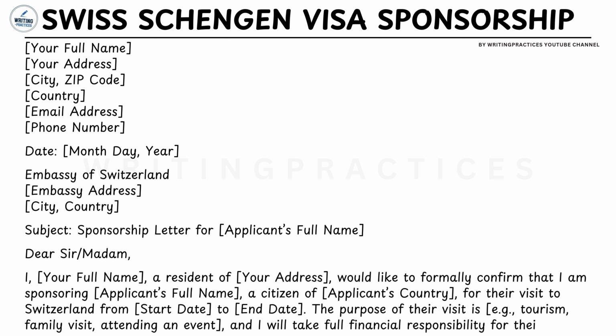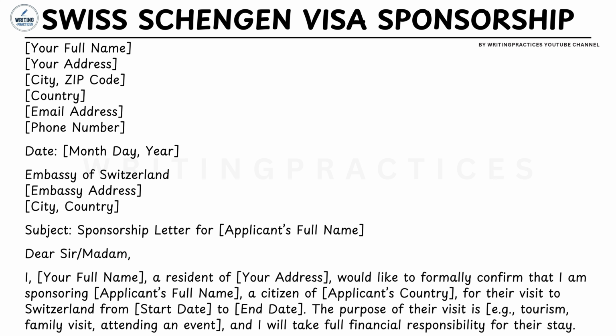This paragraph is crucial because it clearly states that you are the sponsor, confirms the applicant's full name and nationality, specifies the purpose of the visit, mentions the duration of their stay, and declares that you will cover all expenses. By providing these details up front, the embassy immediately understands your role in the application process.